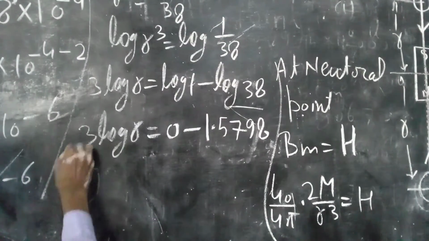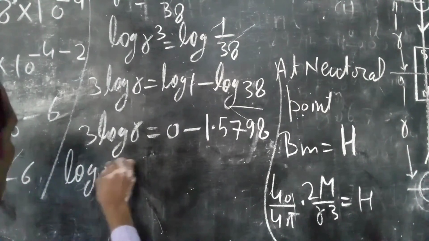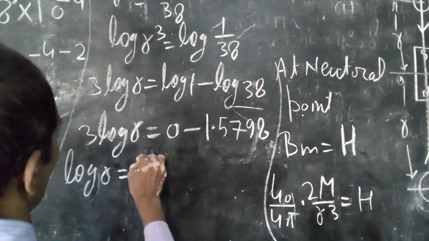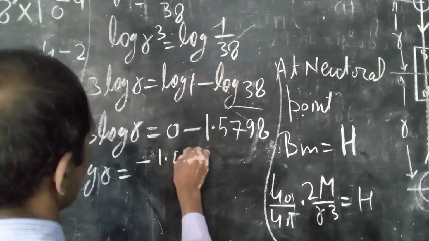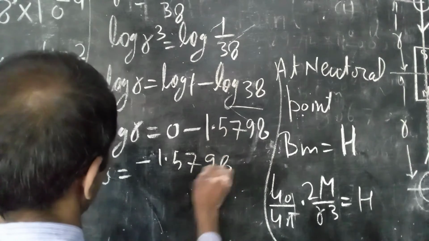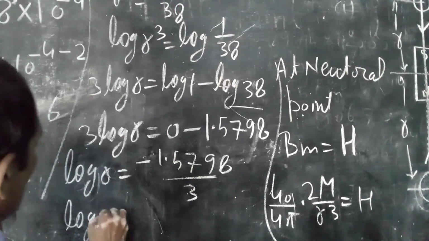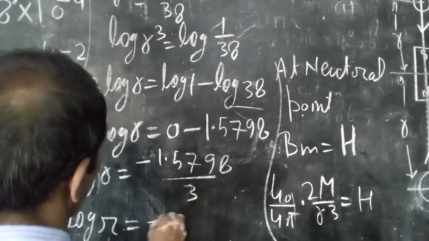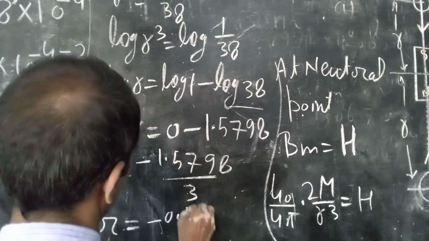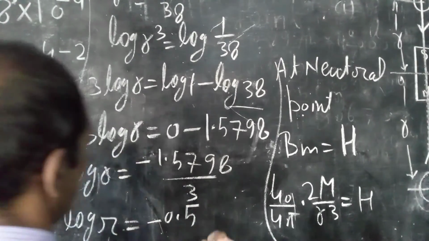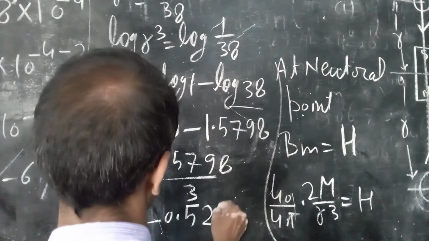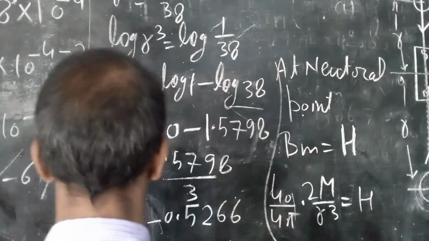So log r is equal to minus 1.5798 by 3. So log r is equal to, dividing this, you get 0.5, 3 5 is 15, 3 2 is 6, 3 6 is 18, 3 6 is 18.